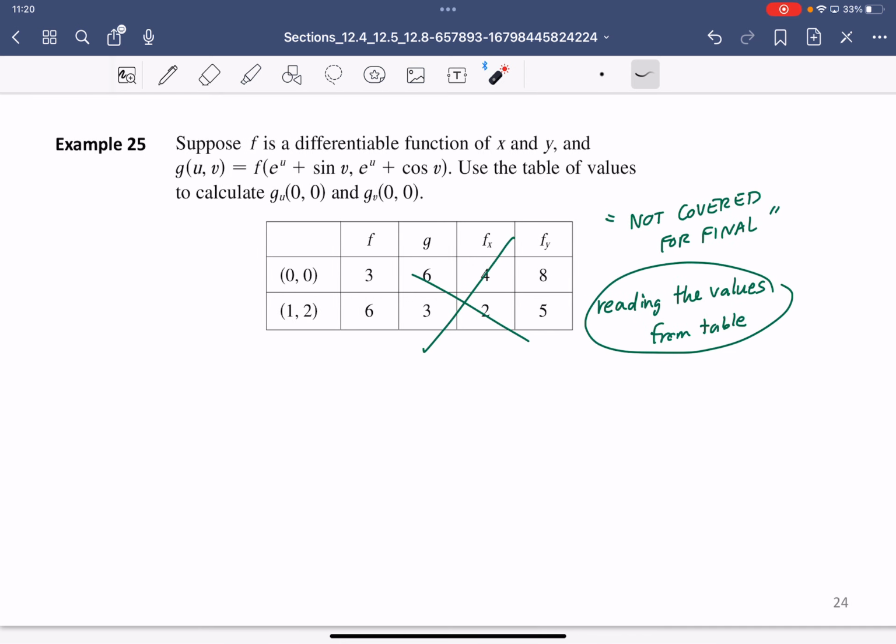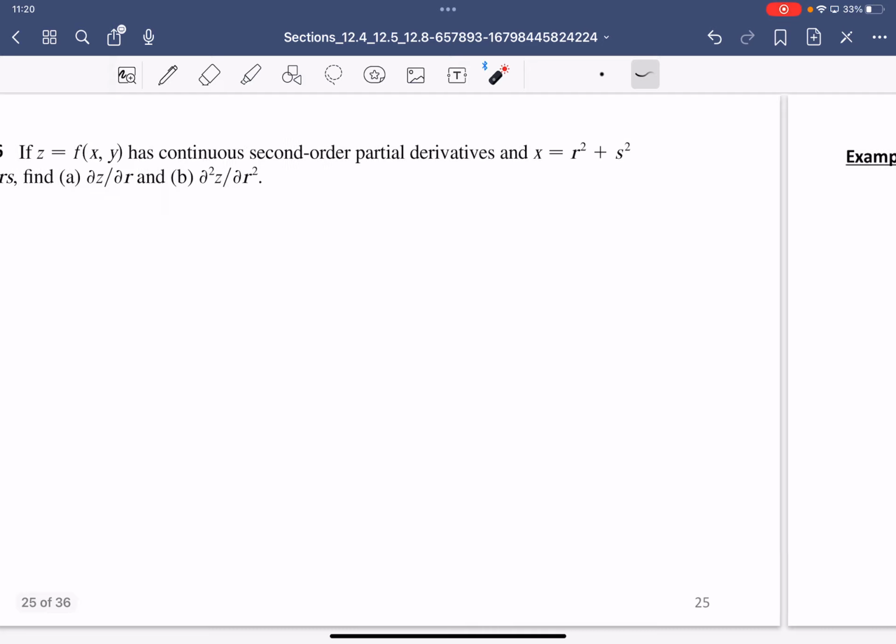The last one, number 26, is super long and tedious. It should take us probably 15 minutes for this question, the last one for today.